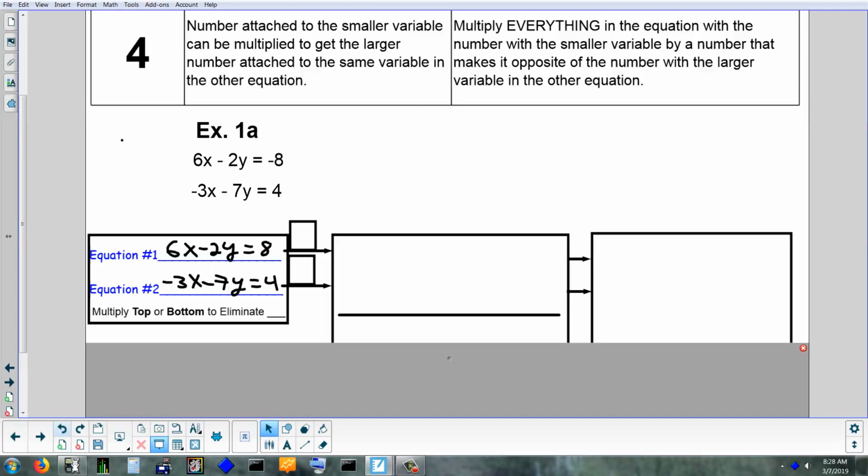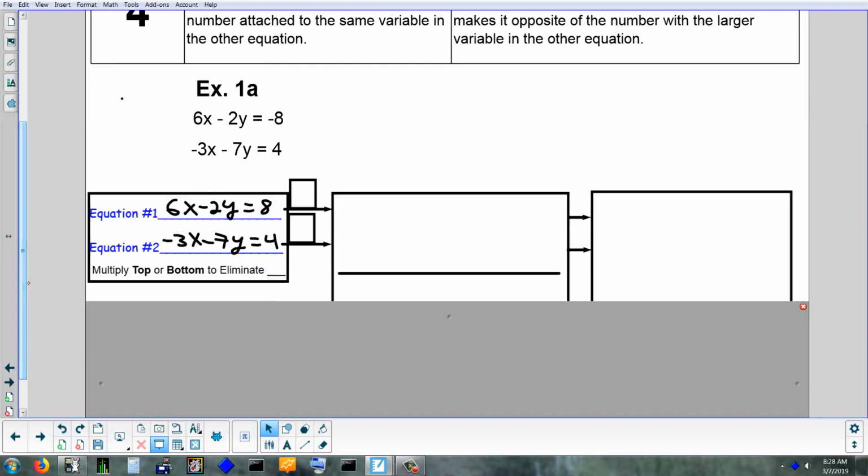The template will be on the test, just like that. So for situations 2 through 5, we have that same exact template on the test. But again, we're not going to take points off if you don't identify and multiply the top or the bottom. So that could help you out in figuring it out. If you have a template like this, then it's going to be a situation 2 through 5.